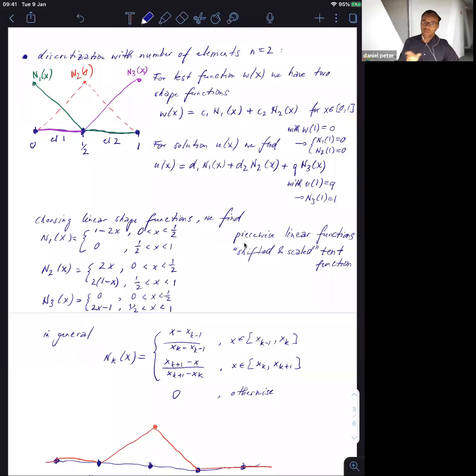So each element is exactly the same length. But what would happen if we would change that and allow for some arbitrary length of the elements? Instead of having a regular discretization, now choose something irregular.